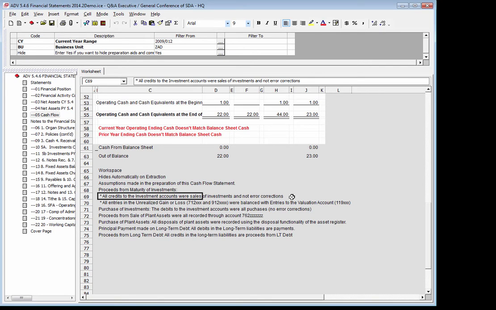All credits to the investment accounts were sale of investments and not error corrections. The second one is that all entries to unrealized gain and loss were balanced against entries to the valuation account on the balance sheet. Okay, you might have to look at the investments video, but you record the gain and loss by debiting and crediting the account 119, and then debiting and crediting the account 712.